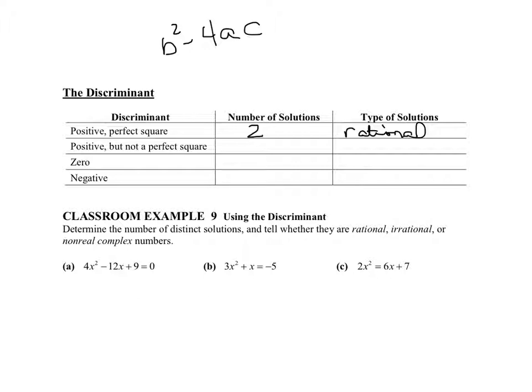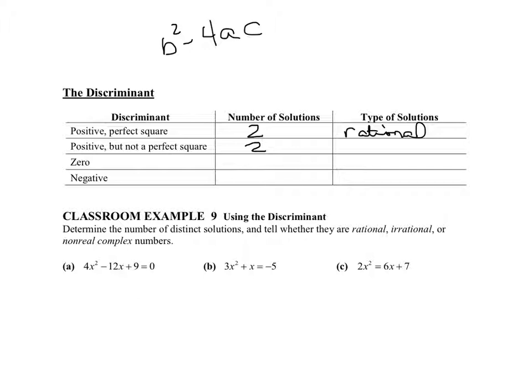Now, if it turns out that the number under the radical, the b squared minus 4ac part, is positive, but it's not a perfect square, then what that tells me is I have something like the square root of 48, which we looked at a moment ago, or I have something like the square root of 24, which we also looked at, which means I'm going to simplify the radical, but the radical won't completely go away. Not everything will come outside. So I still have something after the plus or minus sign, which means I have two solutions, but the radical is there.